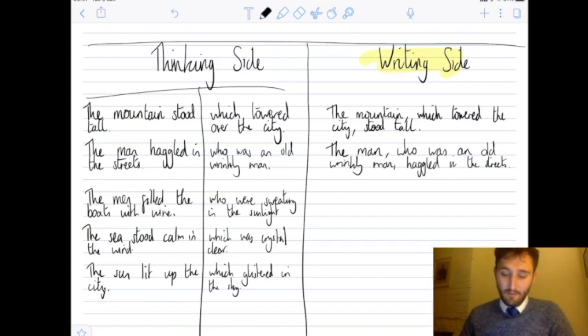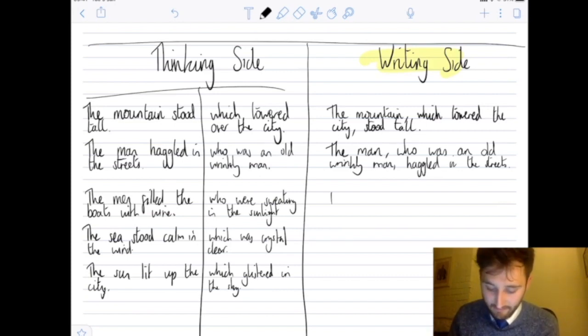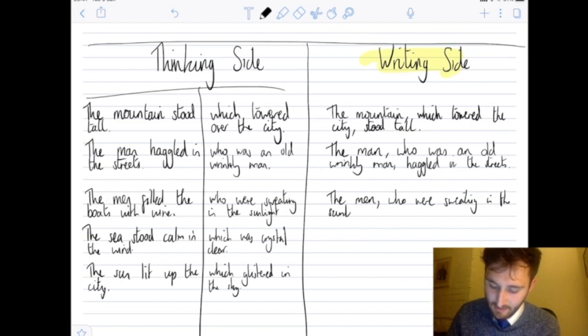Alright guys, so we're going to go through one more together, and then we're going to end off our lesson. So for this third one, so the men, my comma, who were sweating in the sunlight, and I end my embedded clause with a comma, filled the boats with wine.